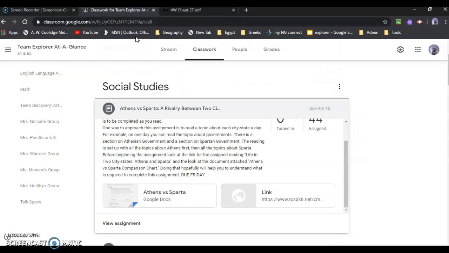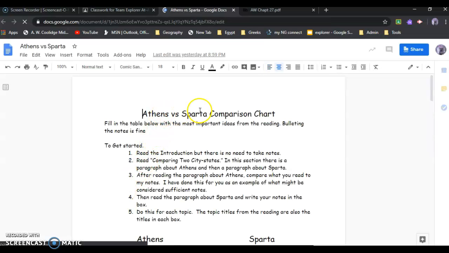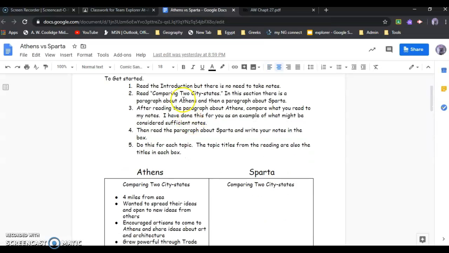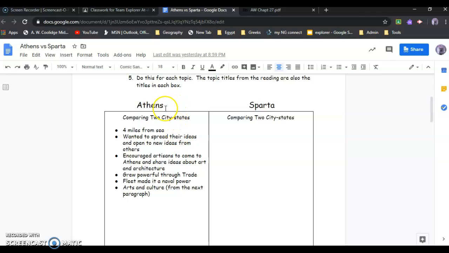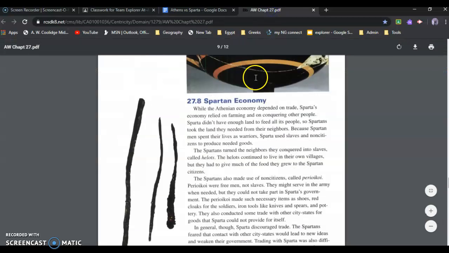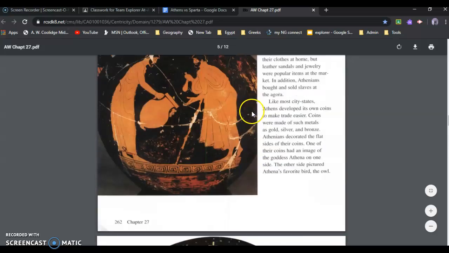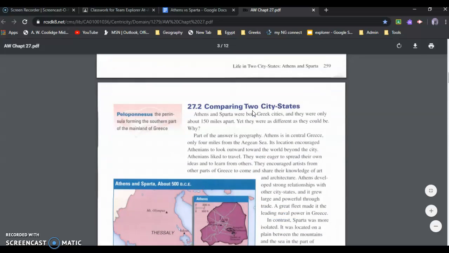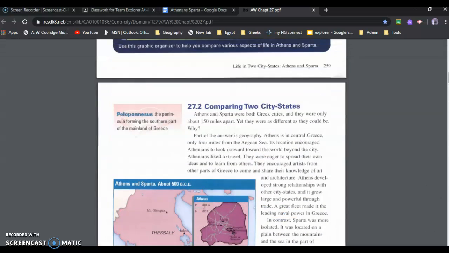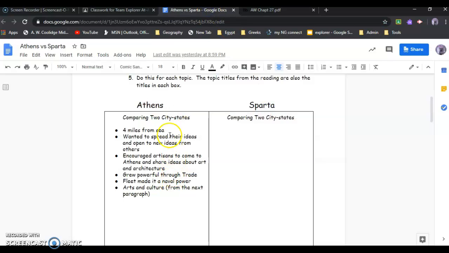If I go back and open up this document, Athens and Sparta Comparison Chart, again, I give you directions on how to fill out this chart, so you can read those. But I already started for you. You can see the title here, Comparing Two City-States, is the same as the first title in the first section. I read this section and took notes on Athens.